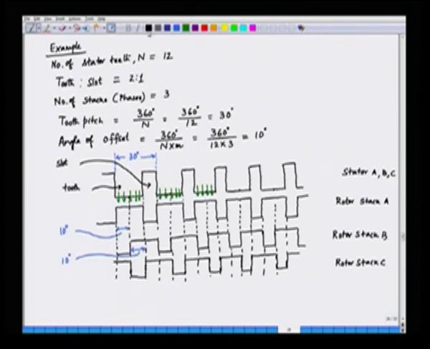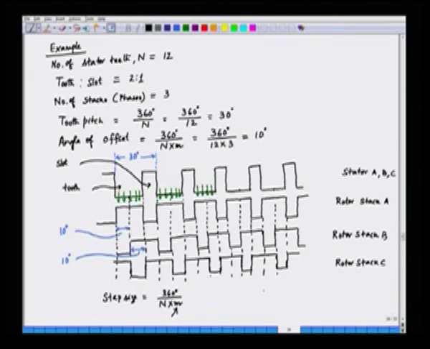So, we can say here that the step size in this case is equal to 360 degree divided by the number of teeth into the number of stack. So, in fact, we can reduce the step size by increasing the number of stacks. So, if we increase the number of stack, that is M, we can reduce the step size.